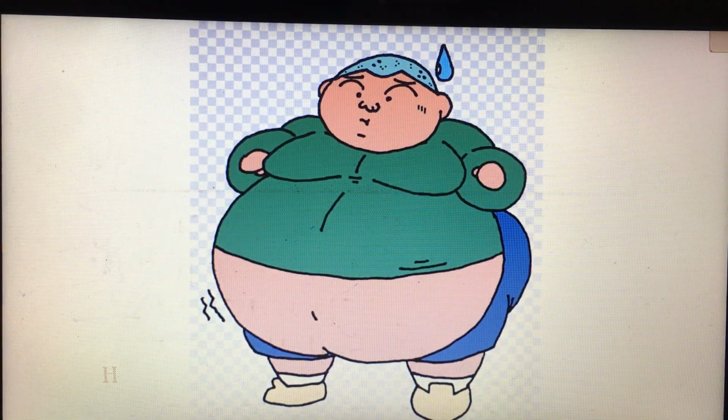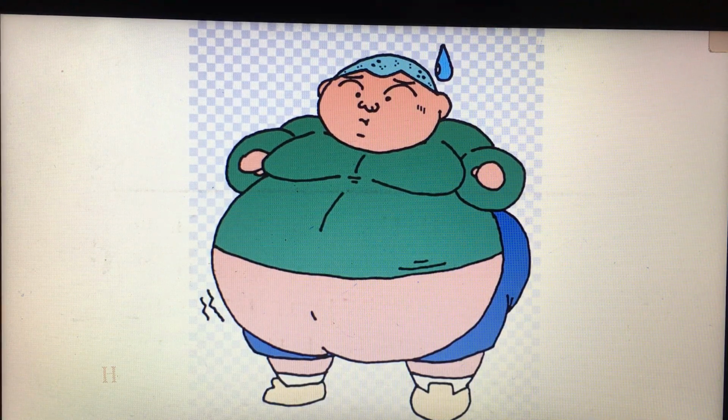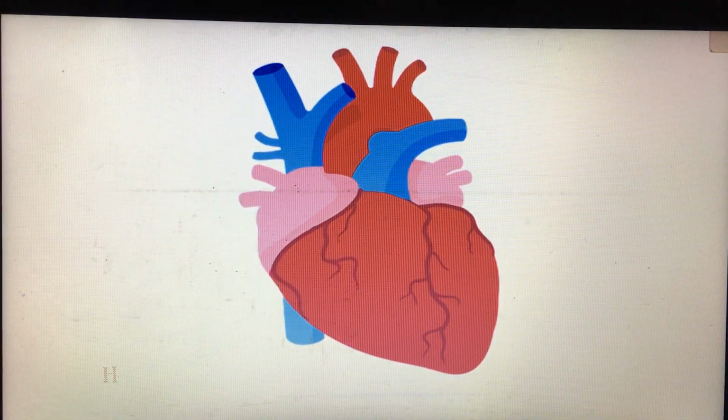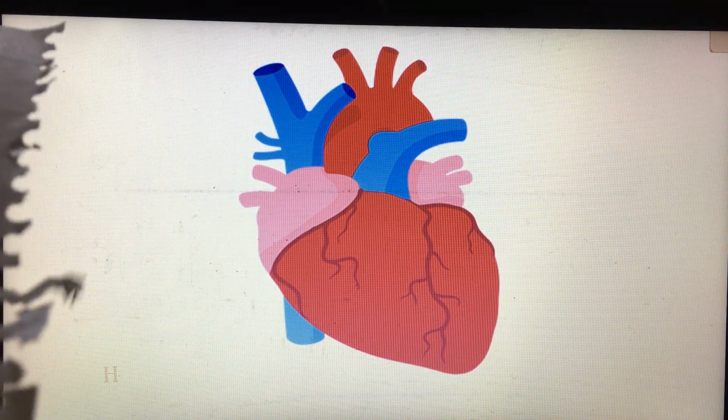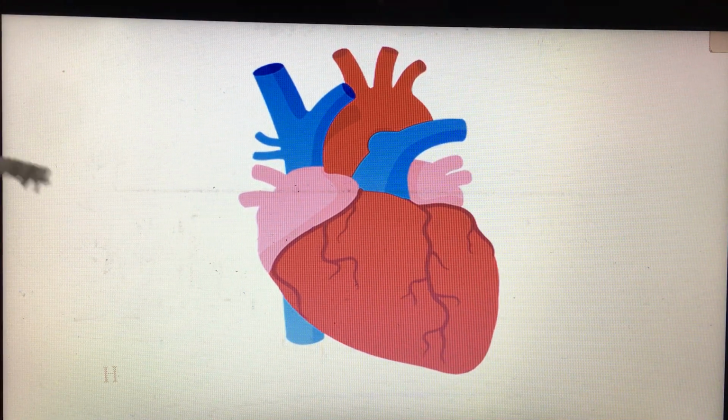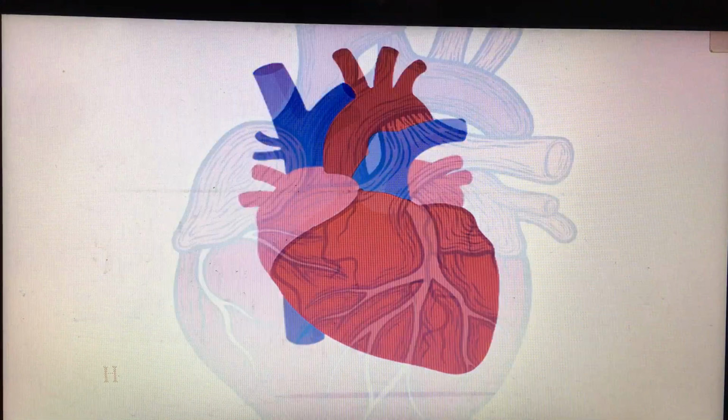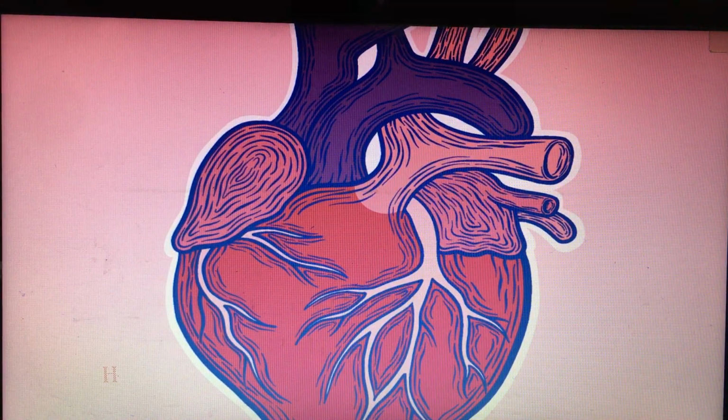Okay. Now, let's see what will happen to the heart if we eat too many fatty foods. So we said before that our heart is very important. So this picture shows the heart. You know that the heart pumps blood around our bodies.